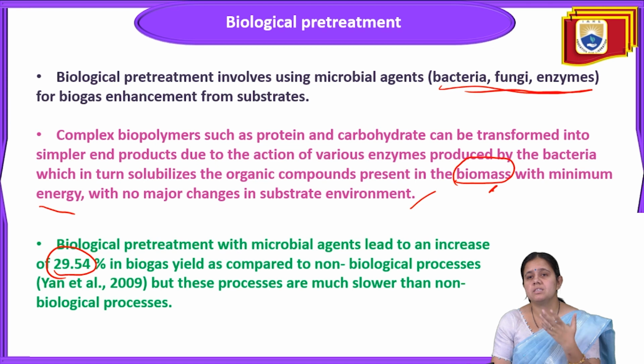Biological pretreatment with microbial agents leads to an increase of 29.54% in biogas yield as compared to the non-biological process, but these processes are much slower.